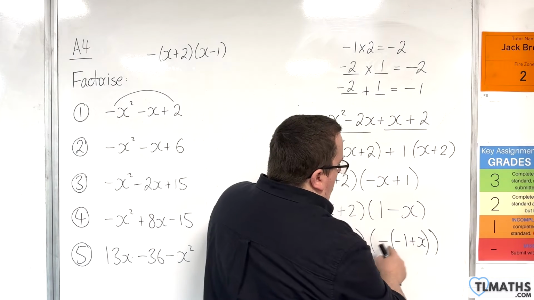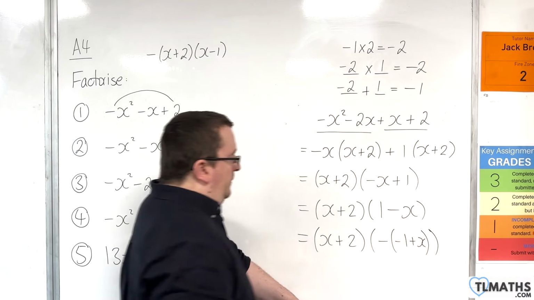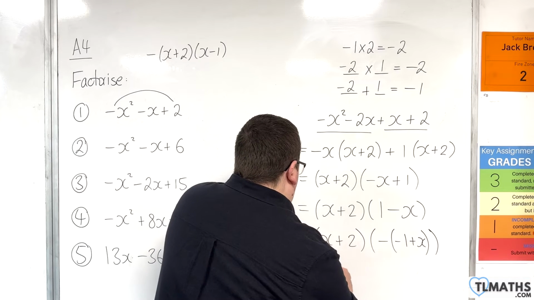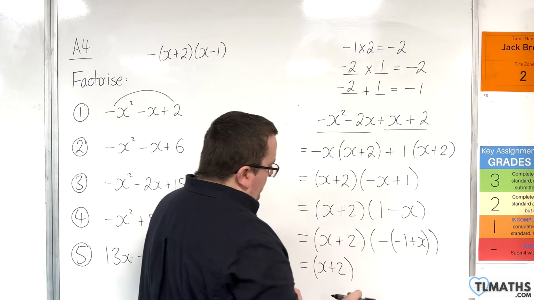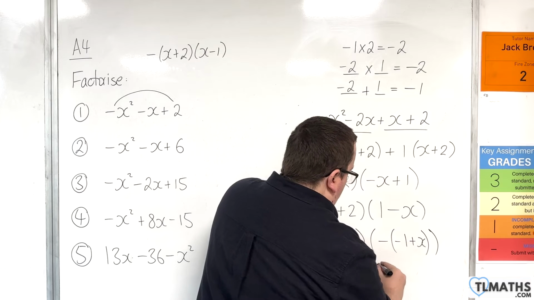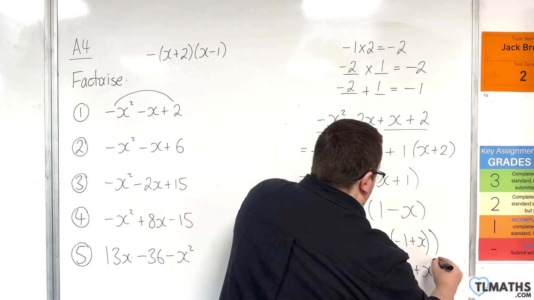Because minus 1 times minus 1 makes the 1, minus 1 times x makes the minus x. So what you've got here is x plus 2, and I'm going to get rid of this outer shell bracket now, and we have times by this minus 1 times by this minus 1 plus x.